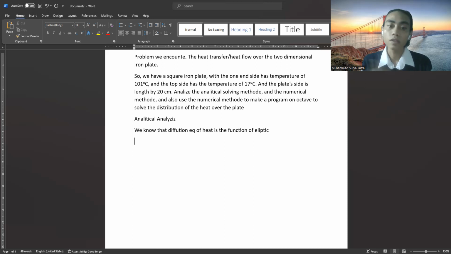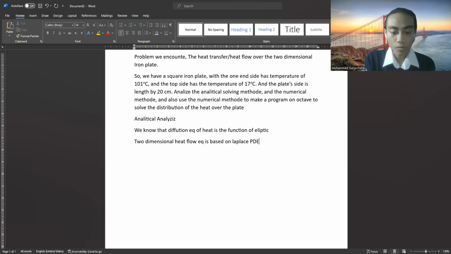We have the differential of the function u with respect to the positions x and y equal to 0. So this is two-dimensional heat flow.